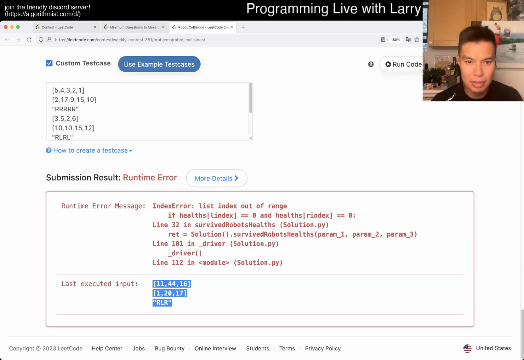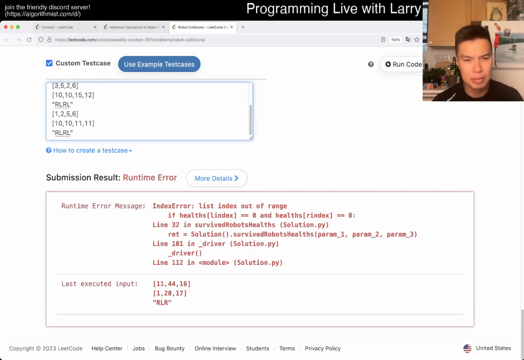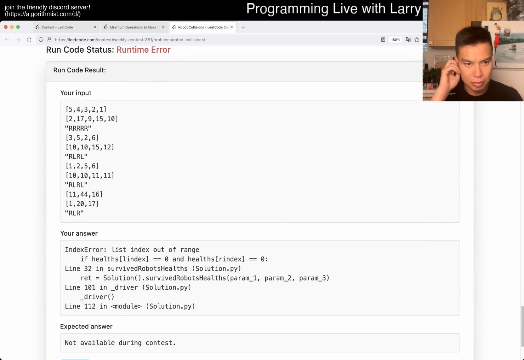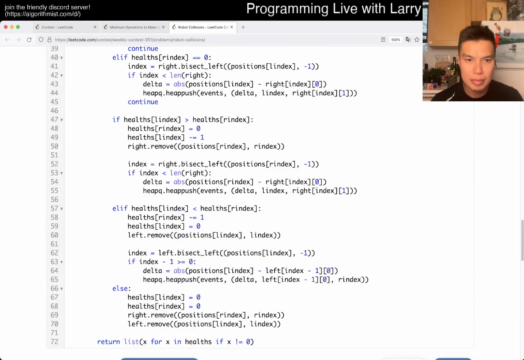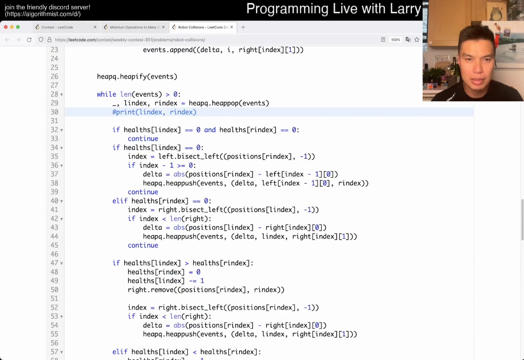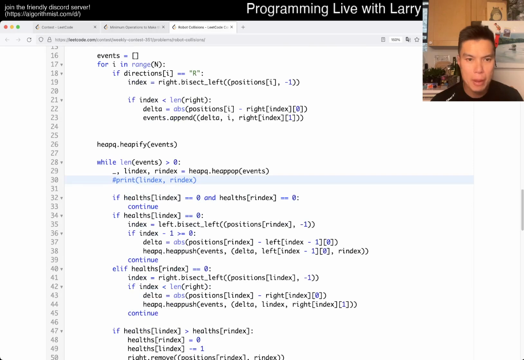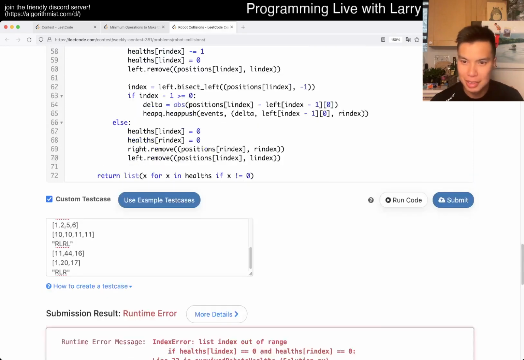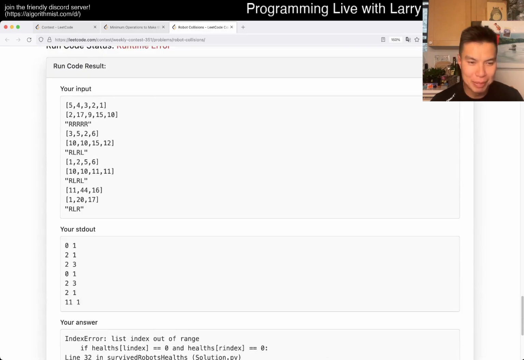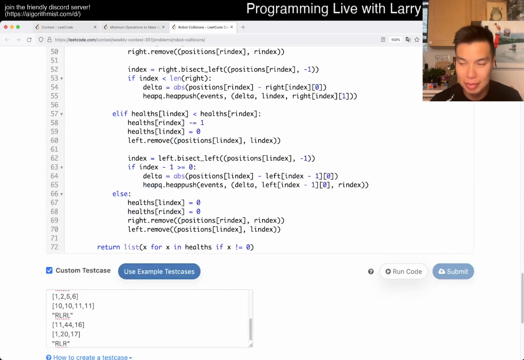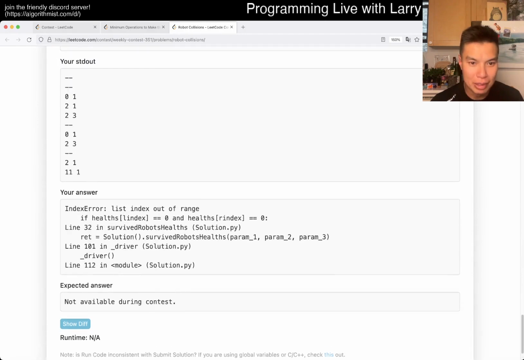Oh no. Wait, what? This shouldn't happen. Did I use the wrong thing? Alright, well, the algo is right, but my implementation again has something lacking. Gotta practice that a little bit more, I guess.